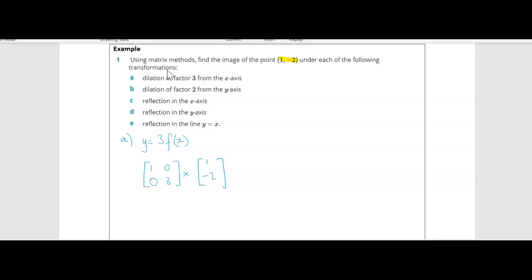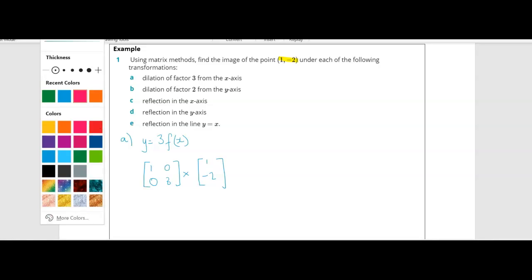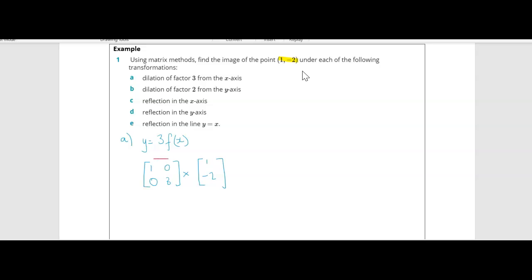Now it's very easy to do this on your calculator, but it's also good to understand how we do that by hand. So remember, we go across when we multiply and then down. Your product matrix is going to be 1 times 1, which is 1, plus 0 times -2, which is 0. Remember, that's why the 0 is there. I don't really need to write that in, but I will for now.